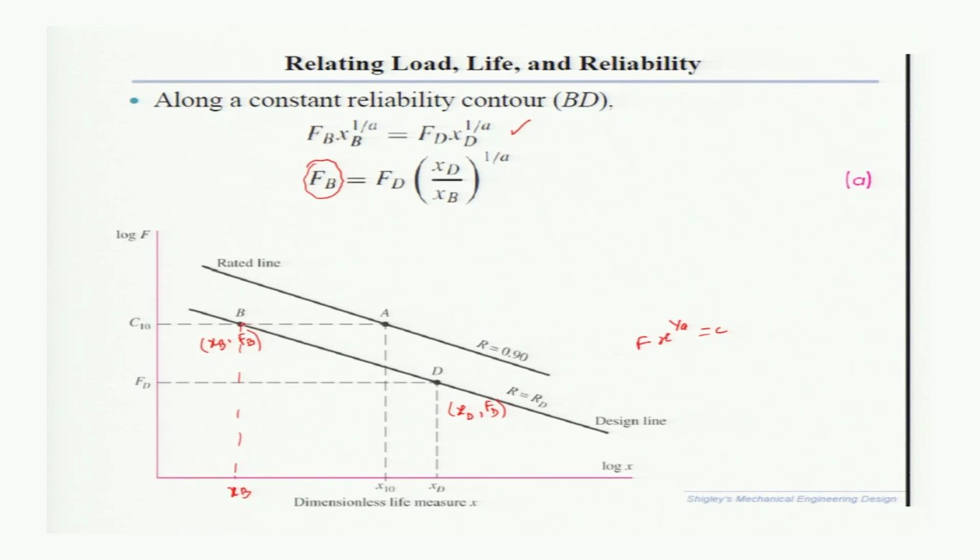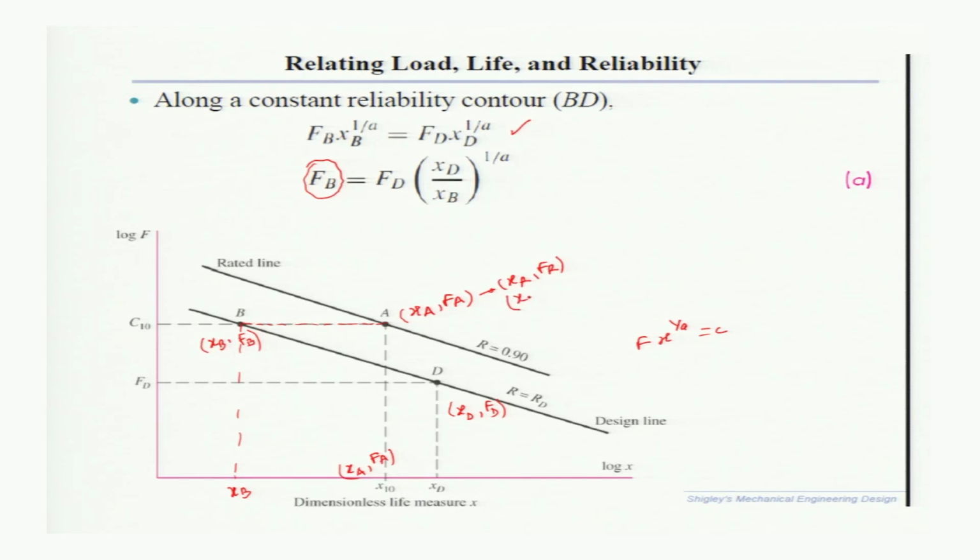And this B is the point where FB is equal to FA, because here the coordinates are, let us say, XA and FA. These are the coordinates at A, XA and FA. And this is the rated line, and so it becomes equal to XR and FR, rated x and the rated F. Rated F is C10, the dynamic load capacity.